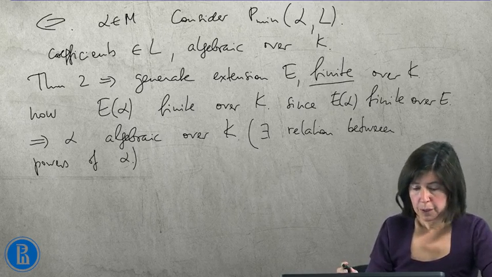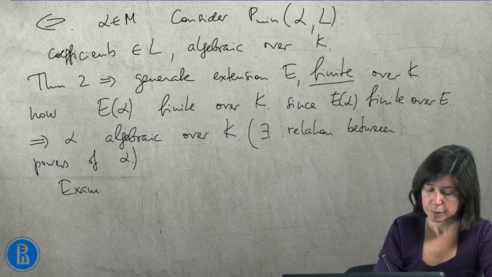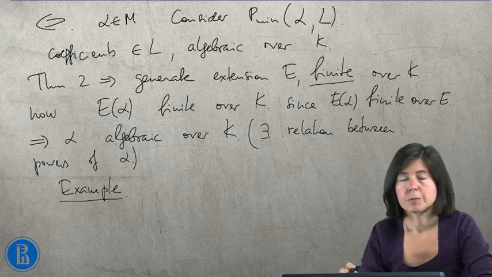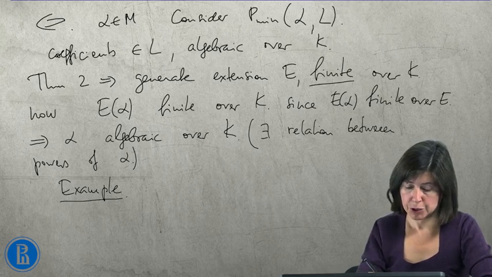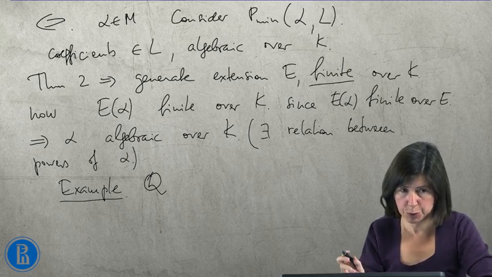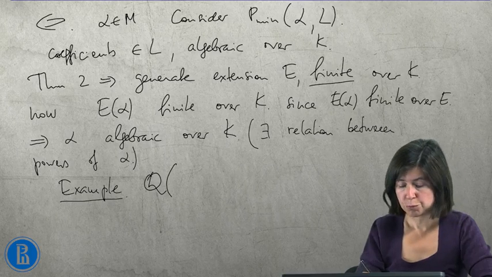Okay, let me give you an example. So consider the extension obtained from Q by adjoining, let's say, the cubic root of 2 and the square root of 3.